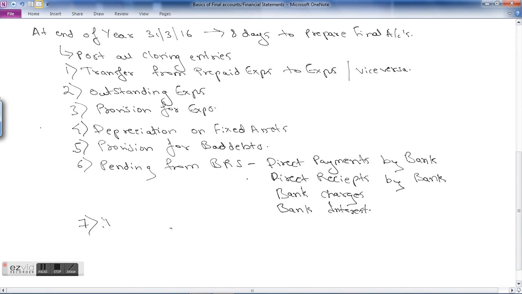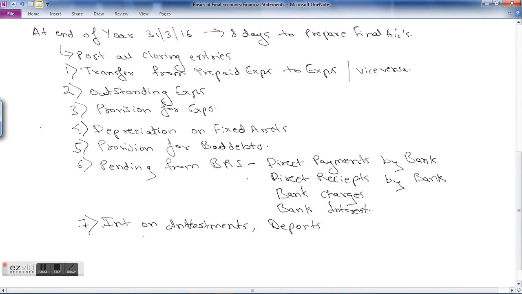Then interest on investments, deposits, and similarly interest paid also.